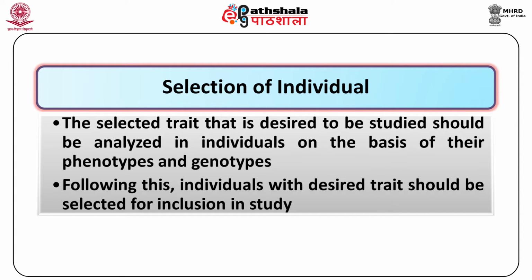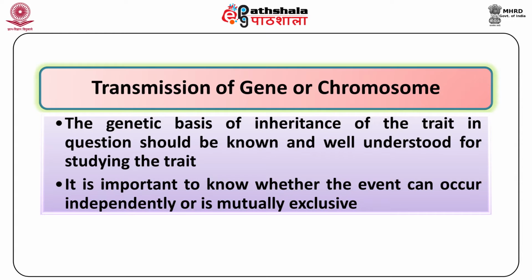Following this, individuals with the desired trait should be selected for inclusion in the study. The next factor is transmission of gene or chromosome. The genetic basis of inheritance of the trait in question should be known and well understood for studying the trait. It is important to know whether the event can occur independently or is a mutually exclusive event.